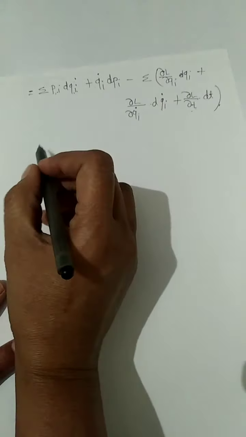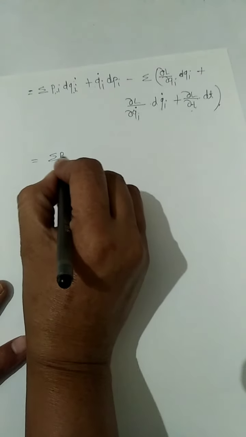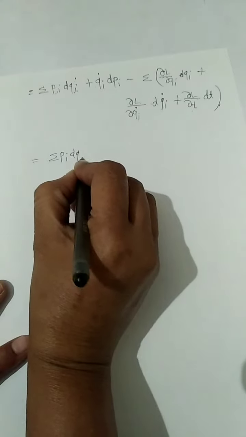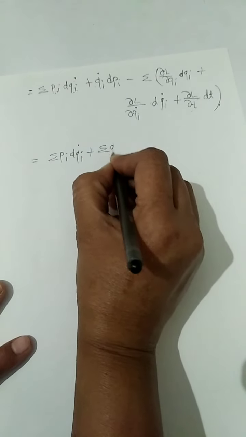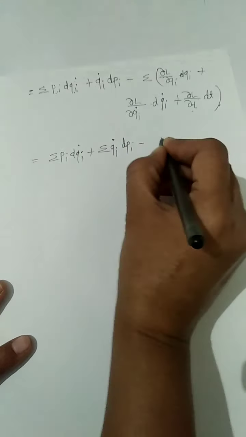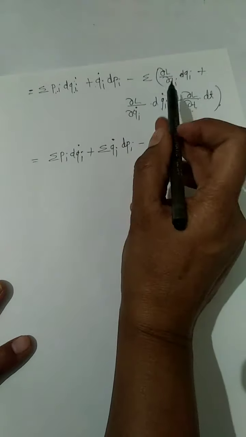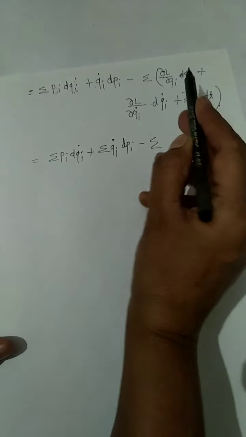Then write the summation pi dqi dot plus summation qi dot dpi minus summation, here del L upon del qi is equal to pi dot.